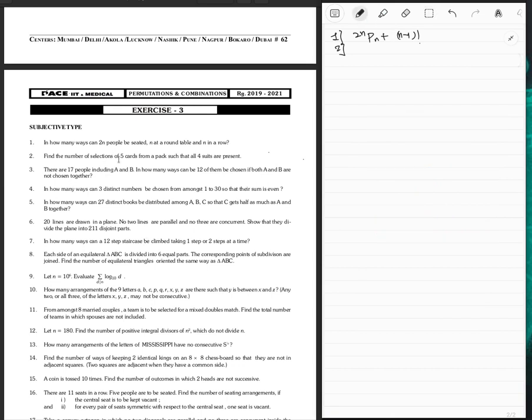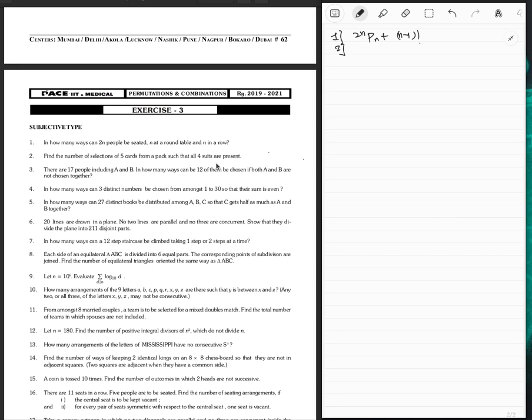Find the number of selections of 5 cards from a pack such that all 4 suits are present. All 4 suits, and for the 5th one we don't know which suit it goes in. So one suit is repeated. There are 4 ways of figuring out which suit is repeated.